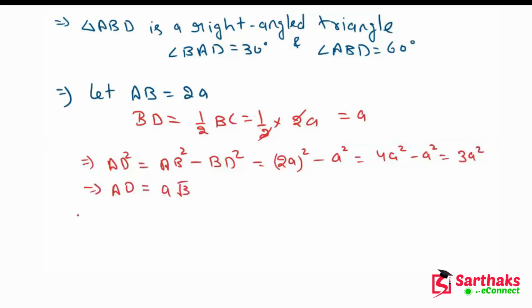Now we are finding the value of sine 30. For finding the values of sine 30, cos 30 and tan 30, we have perpendicular A root 3, base A, and hypotenuse twice of A. So we can easily find.